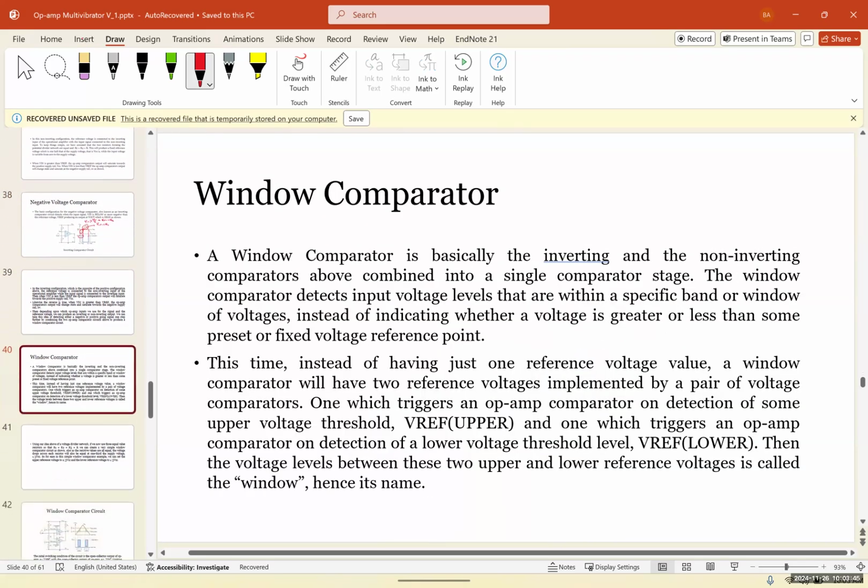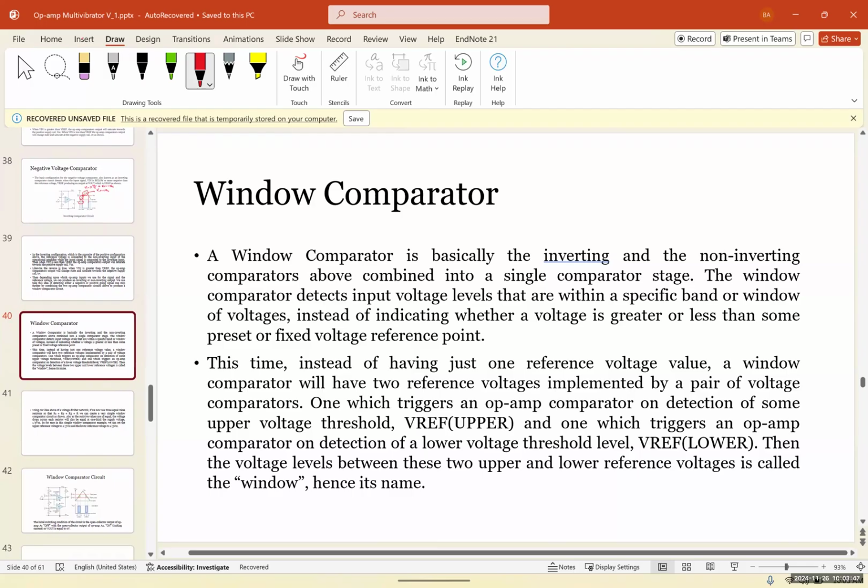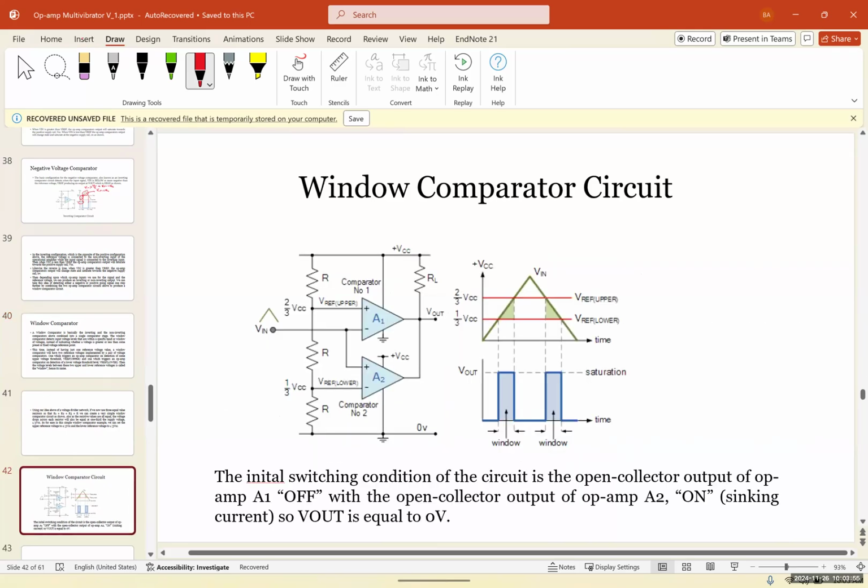We have a different type of comparator as well, which is called a window comparator. The window comparator is actually the combination of 2 different comparators, the inverting and the non-inverting comparator.